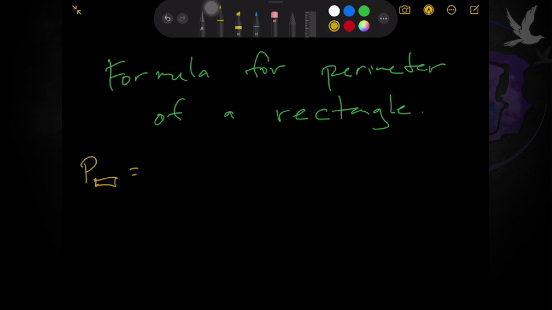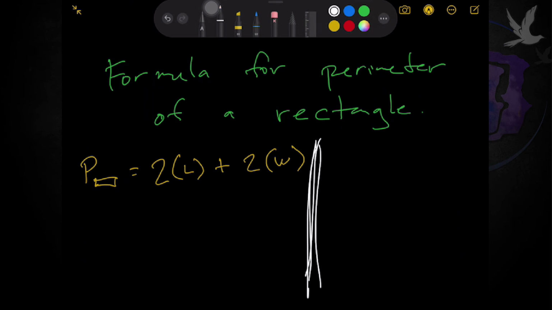First formula is 2 multiplied to L plus 2 multiplied to W. L stands for length, W stands for width. Okay, binigay ko na yan kanina. And the other one is written as 2 multiplied to length added to width.